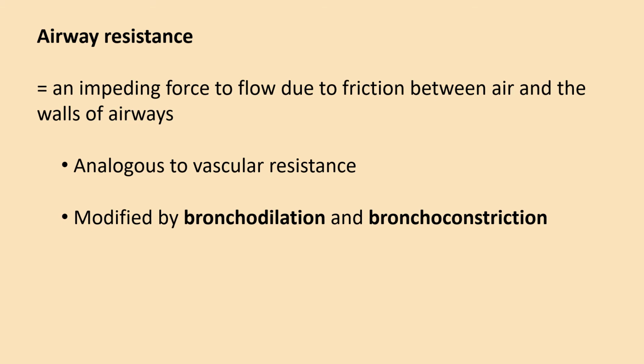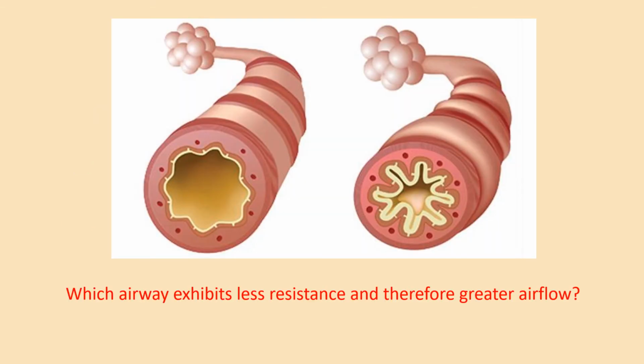And just like with vascular resistance, airway resistance is influenced by the diameter of the tube. And so by changing the diameter of the airway, we can increase or decrease airway resistance. So here we're looking at two airways.